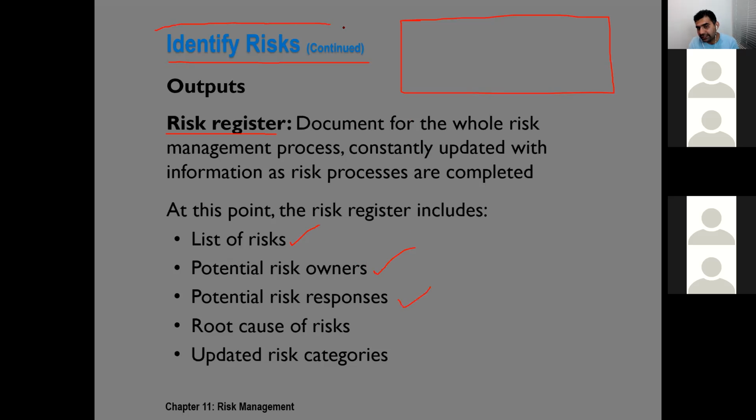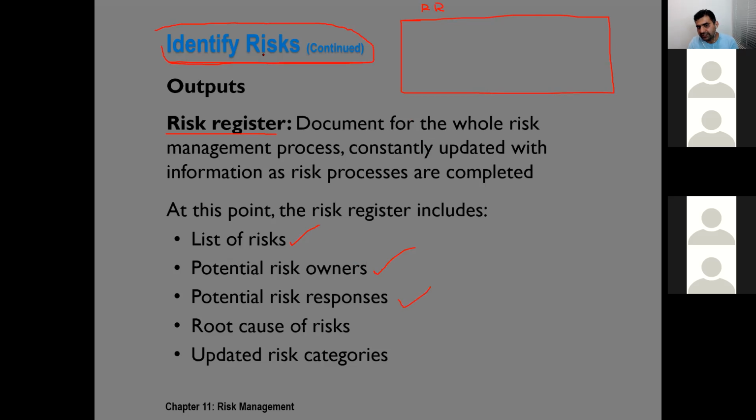Remember guys, we are at our second process where the risk register is going to be developed, but it is a living document. As we go to further processes, our risk register will keep on populating. More and more columns will keep on being added.